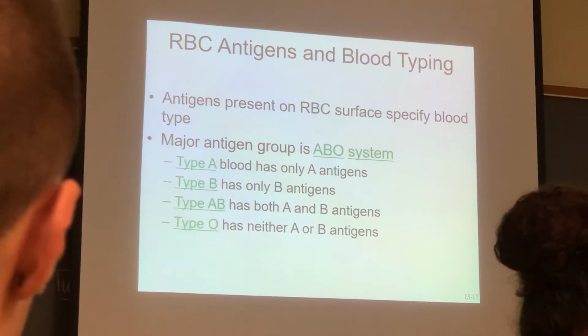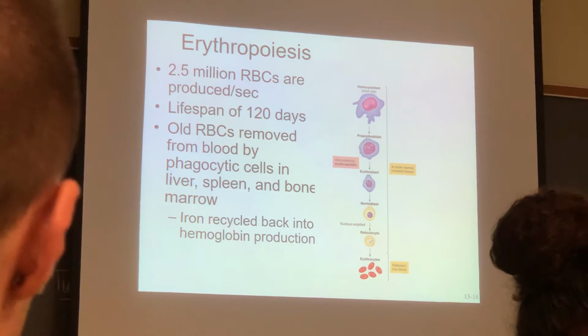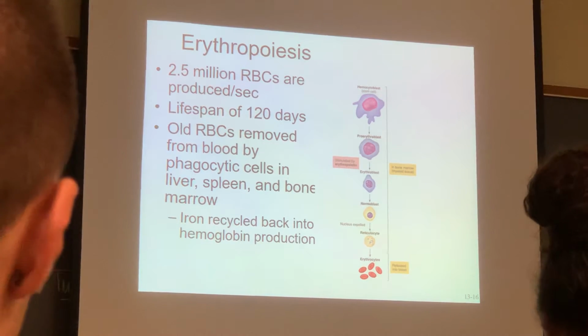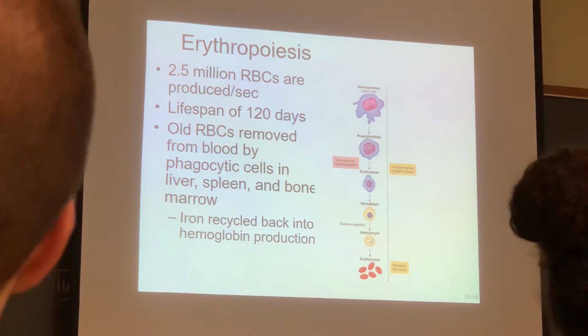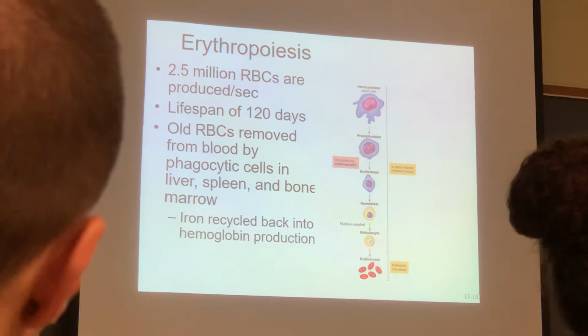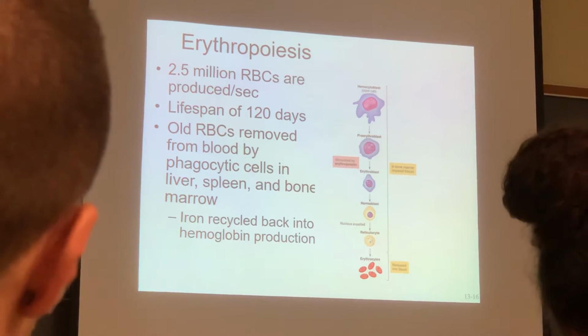Let me see here. Okay, yeah. So I think what we'll do, we'll finish this slide and then we'll call it quits for today. Like I said, we'll come in, take our quiz, do the differential white blood cell counts, and then we'll talk about clotting. Call it a day Thursday.